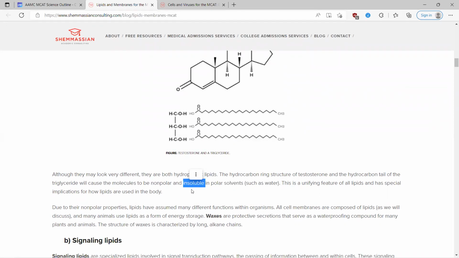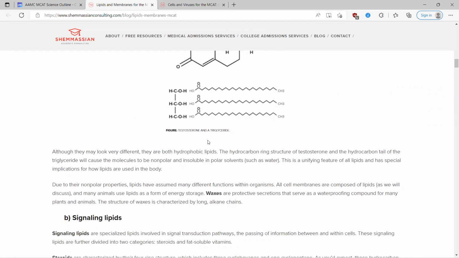If something is soluble, for example, if you put sugar or salt in water and you mix it, it will dissolve and become one homogeneous mixture. That's solubility, because the sugars have polarity and can interact with the water well. But these long lipid chains don't have polarity, they're nonpolar, they can't interact with the water well, and it's more favorable for them to just stay separate entirely.